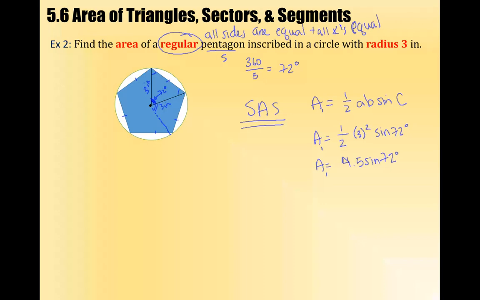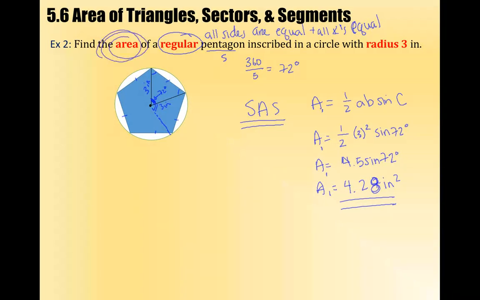So I have 4.5 times the sine of 72, and I get that one of these triangles is about 4.28 inches squared. And then I just need to remember I'm finding the area of the entire pentagon.